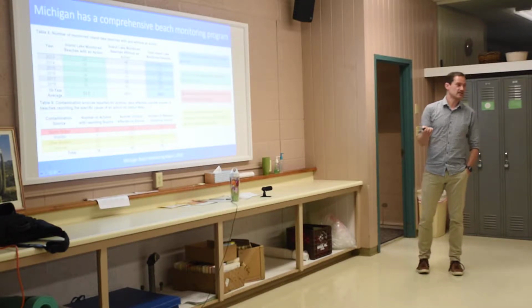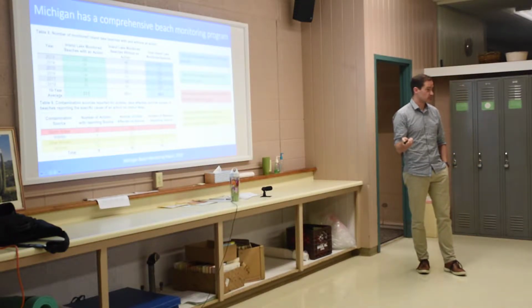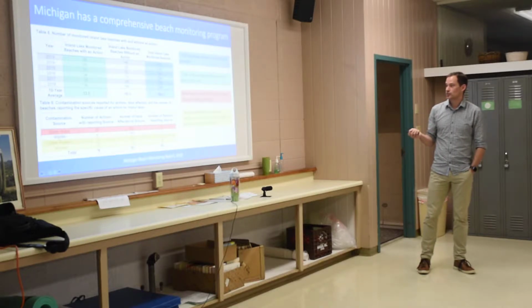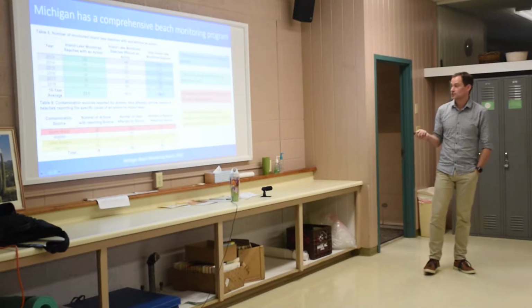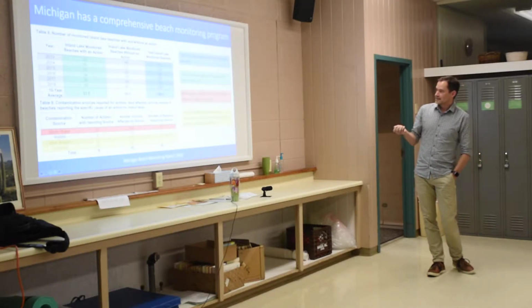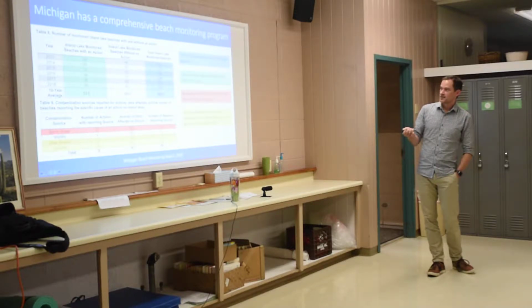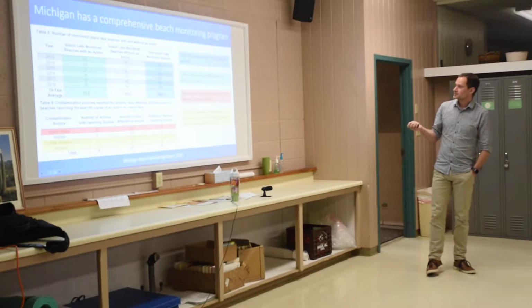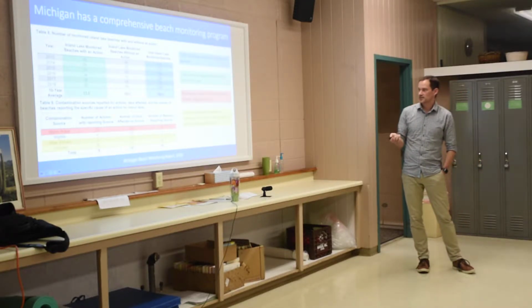The action means that they either did a source tracking test or a sign was posted. Some of the beaches have actually been closed for a number of days because of one of these actions. If you look down on this bottom part, which is telling us the reason for those actions, you can see that stormwater runoff is the most common known reason for closing a beach or having an action elicited.